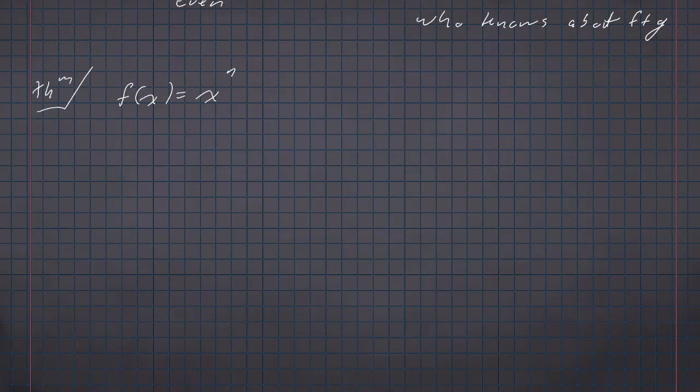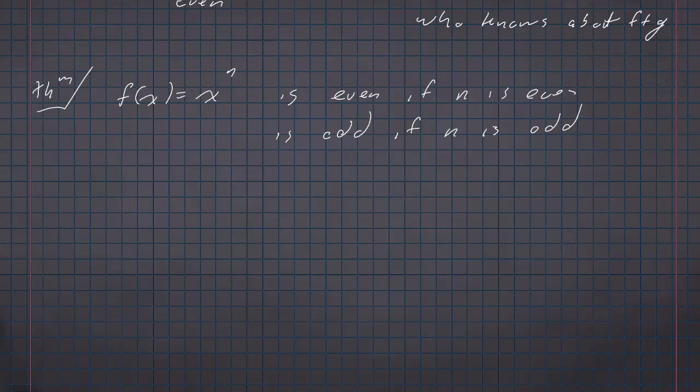The other statement is the function f of x equals x raised to the n power. And this function is even if n is even, and this function is odd if n is odd. That's how the ideas of even and odd functions got their names.